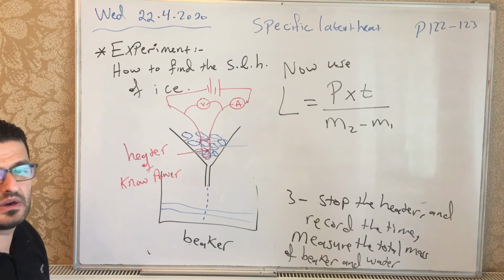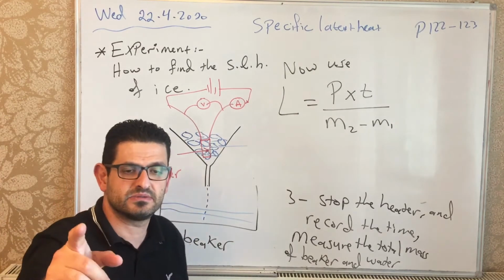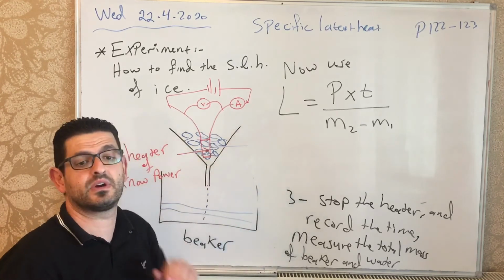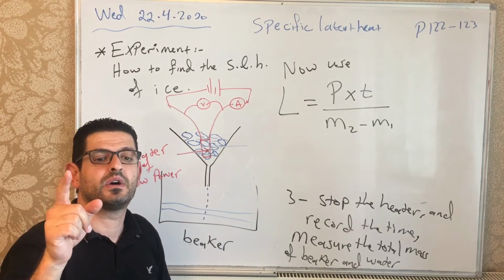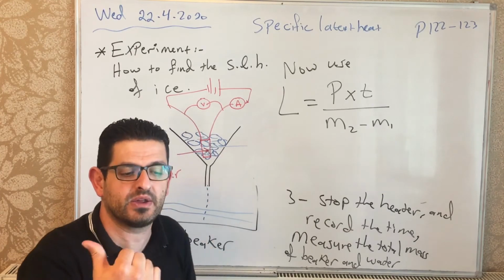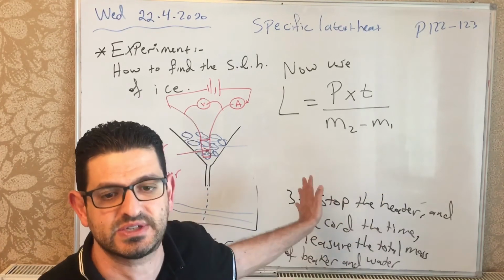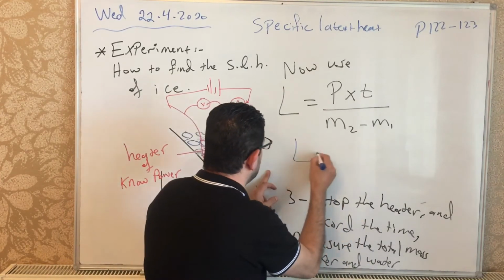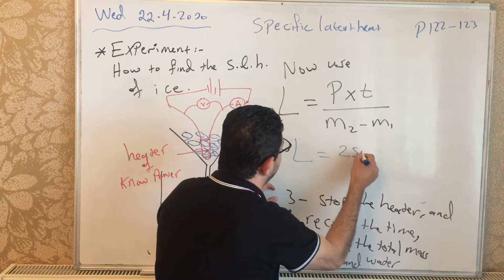Last thing, in this case, boys and girls, the latent heat will be smaller than the actual one. If we go to the lab now and we do this experiment, we might get L equal 250.